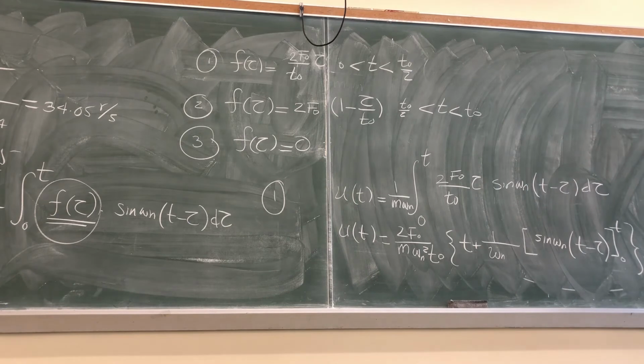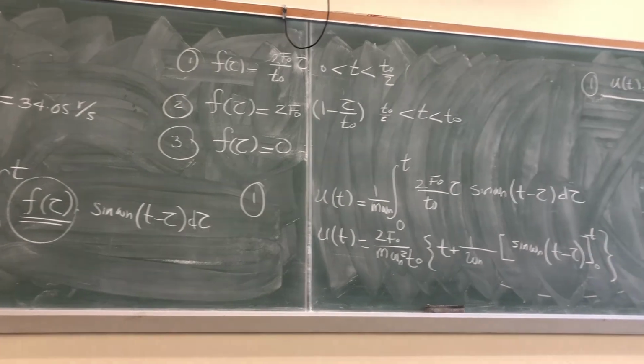You further simplify that for case 1, and you get u of t being 2f0 over k t naught times t minus 1 over omega n sine omega n t. So this is for case 1.